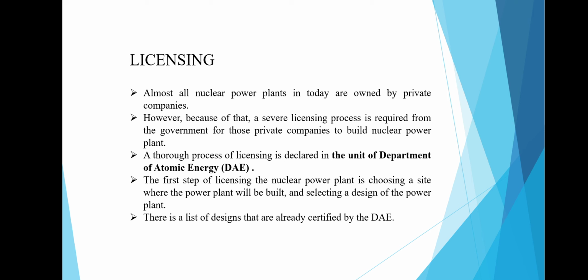The first step of licensing is choosing a site where the power plant will be built and selecting a design of the power plant. There is a list of designs that are already certified by the DAE.